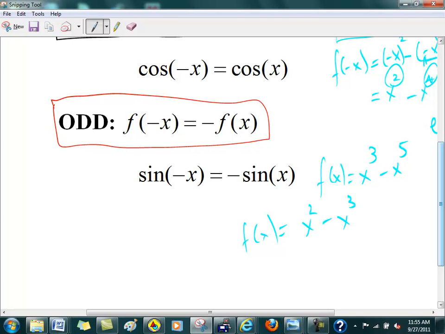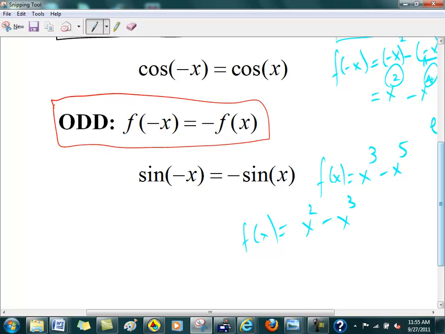Okay, so why don't you do this? How many ways do you know how to show whether a function is even or not? Which ones? This algebraic one, and then why don't you graph it? For it to be even, it should be symmetric about the y-axis.